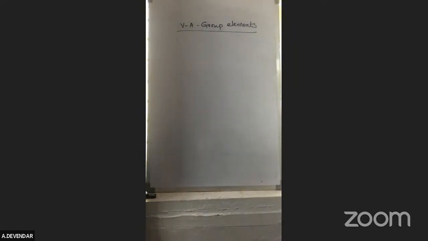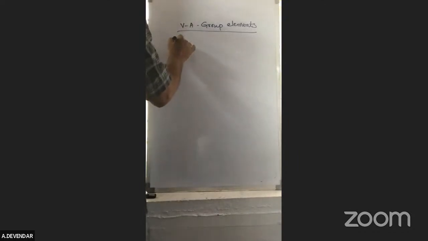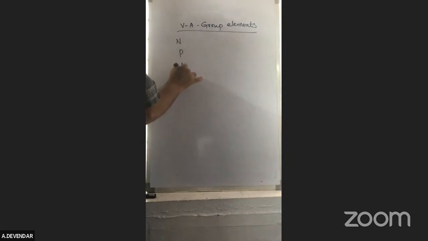The fifth A group elements are nitrogen, phosphorus, arsenic, antimony, and bismuth. The nitrogen is the 7th element in the periodic table. Just add 8, that is 15. Again 18, 33, then 51, and 83 is bismuth.